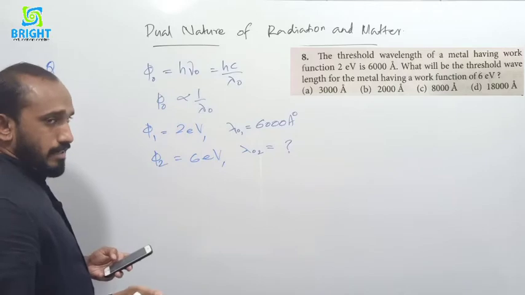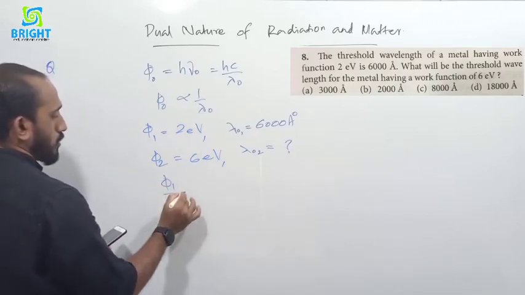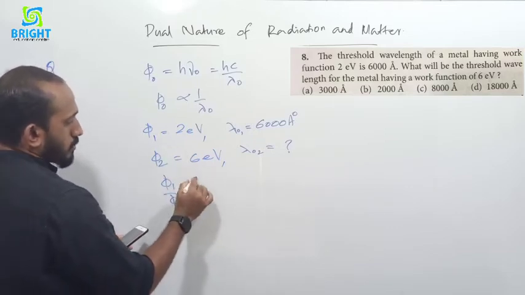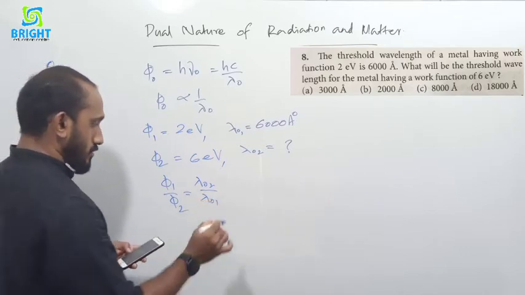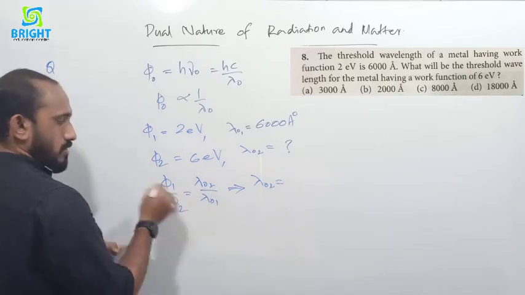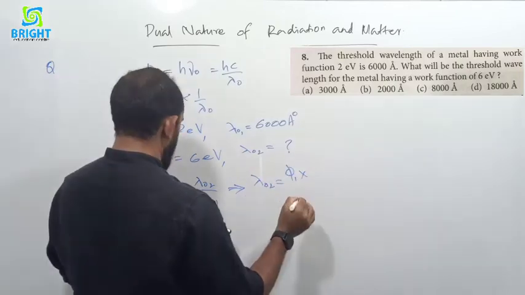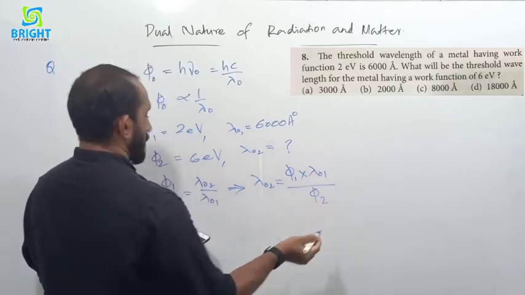So phi 1 by phi 2 will be equal to lambda 02 by lambda 01. This gives lambda 02 is equal to, cross multiplying, phi 1 into lambda 01 divided by phi 2.